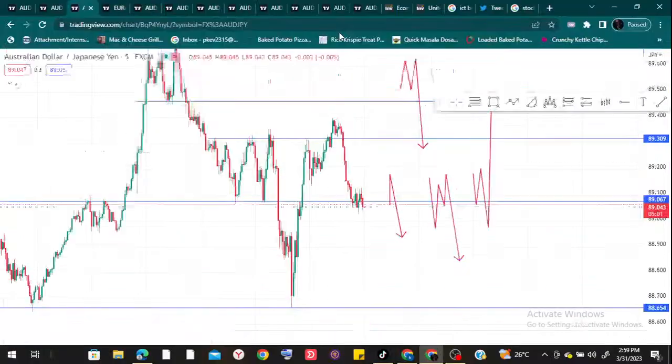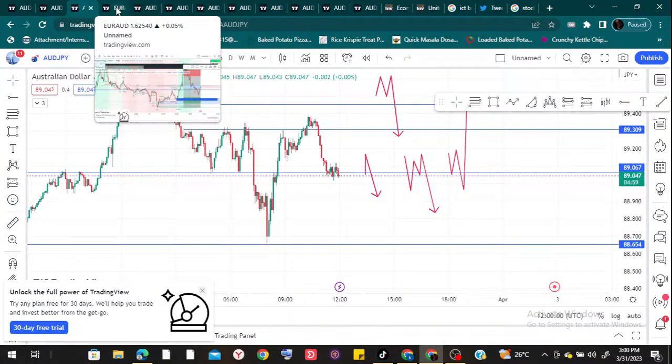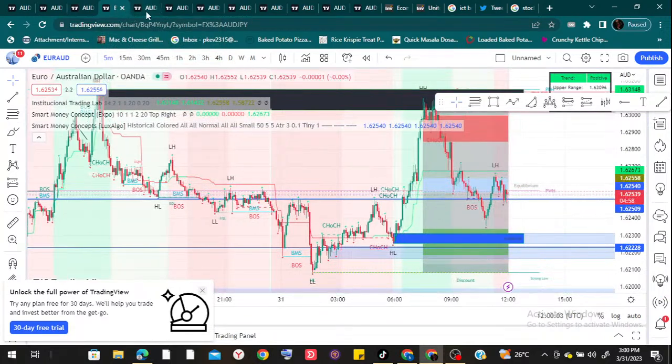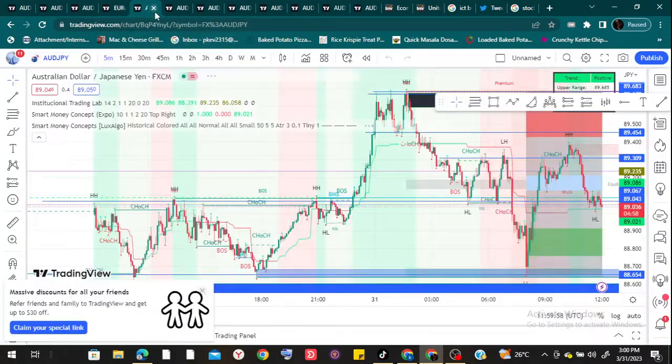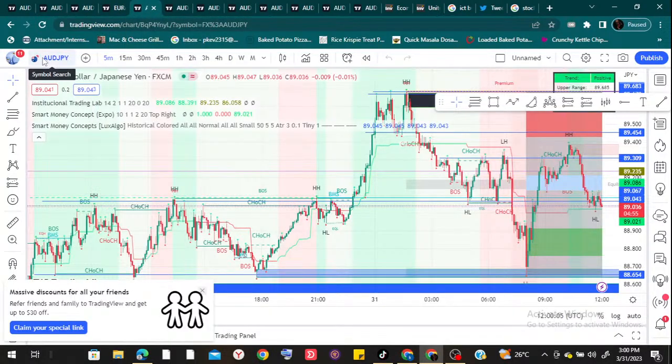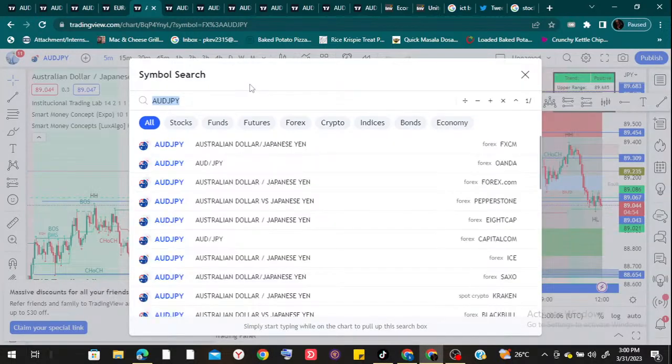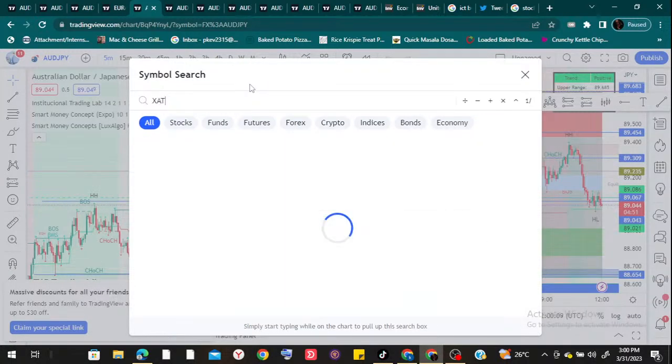I was actually looking at this pair, I don't know, let me see if I can get XTR USD.